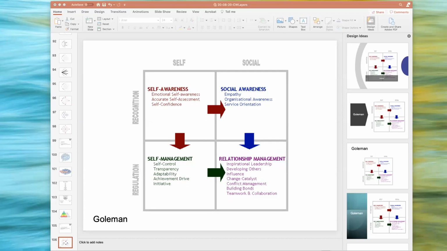It comes with that idea of the PowerPoint notion, that you have to start without an awareness of who you are and knowing yourself, that it's impossible then to self-manage, which is one of the next levels of emotional competence, where you're actually able to start regulating how you operate and how you act, or to become socially aware, social awareness of others.